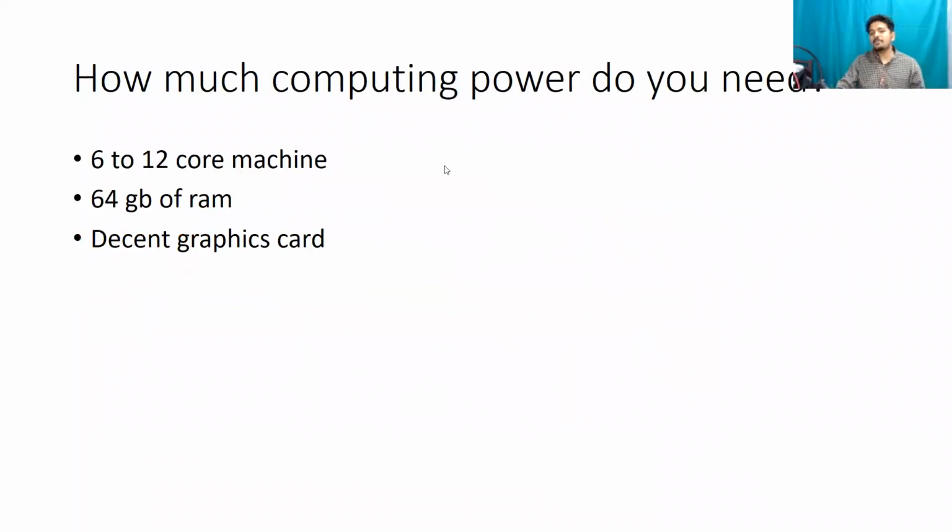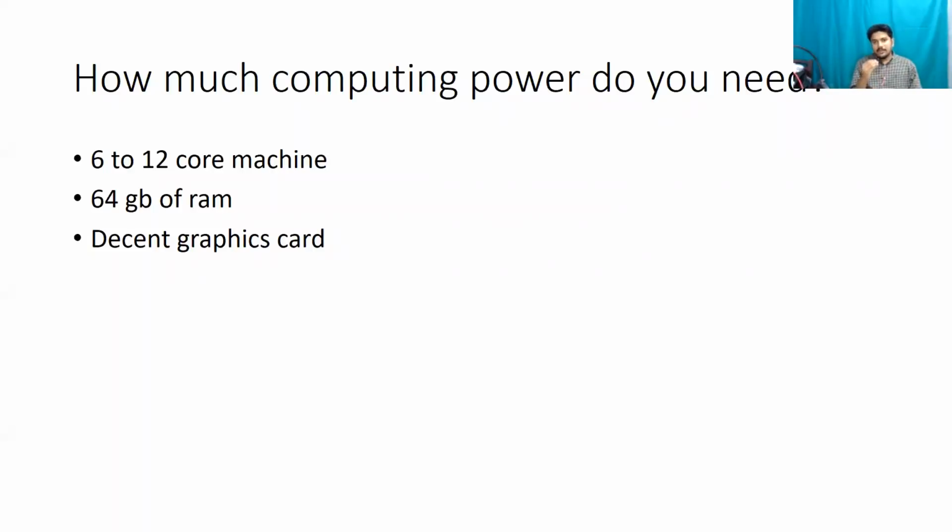How much computing power do you need? I put this together because we offer courses on aerodynamics, and a lot of students come to me and say, I have this result, does it look correct? Even without looking at the results, I sometimes say that the results are wrong. Why?